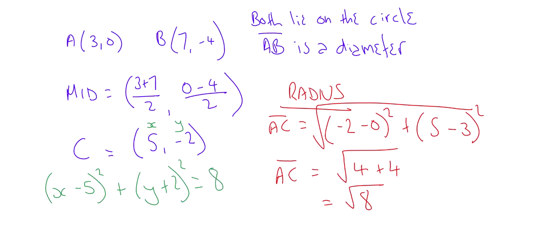If the radius is root 8, squared is just 8. Anything square rooted squared is itself, right? So that would be the equation of the circle where A and B are a diameter of a circle. All right.